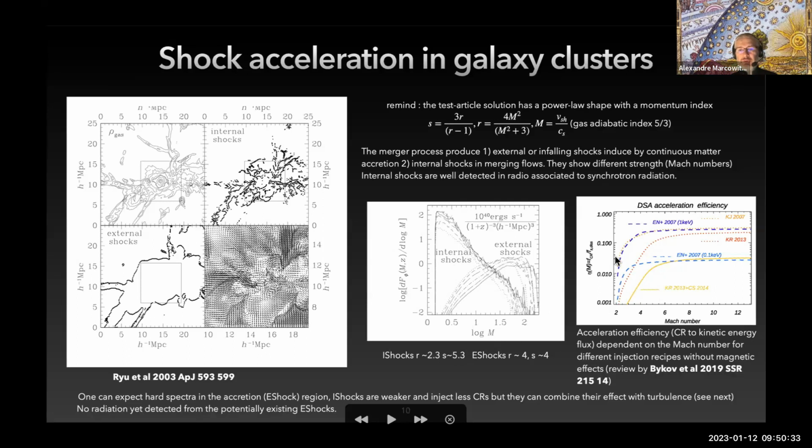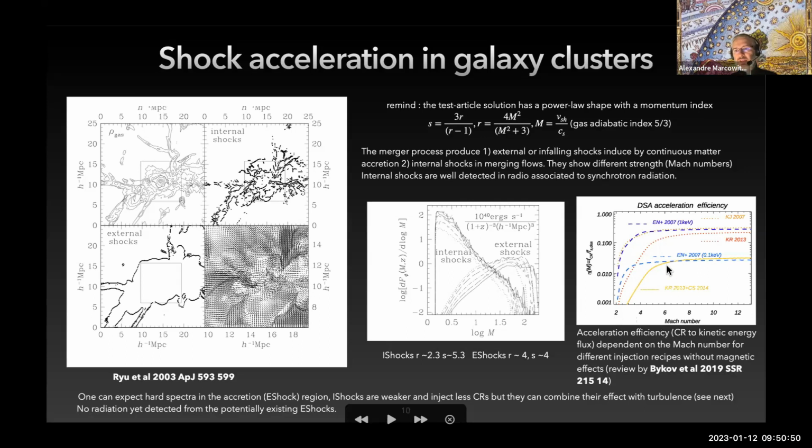The point about the Mach number is also that it has an effect on the particle injection. Here I show you the acceleration efficiency, which is a ratio of the cosmic ray to the kinetic energy flux entering the shock.